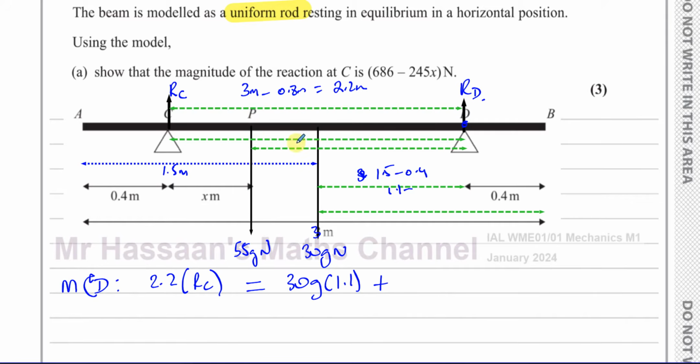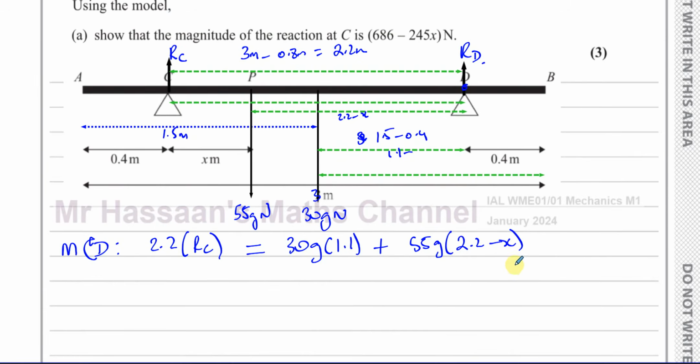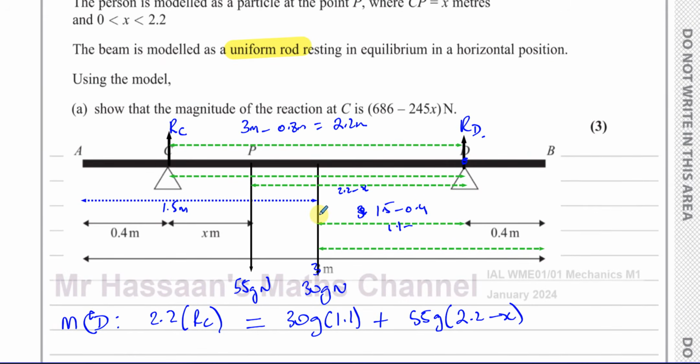Because remember, this is 2.2. So we're going to have the weight of the man, which is 55g times (2.2 minus x). So we have to get our distances really well thought of in this type of question. Now, hopefully, when we rearrange this to find RC, we should get exactly this equation.